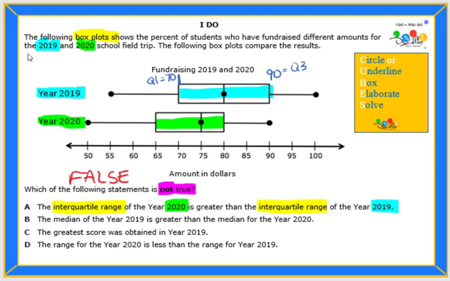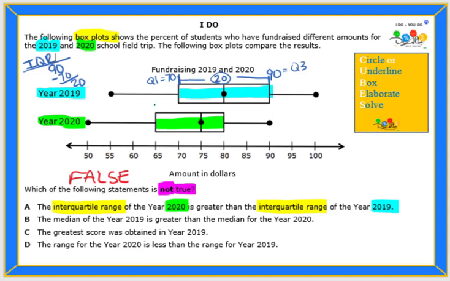If we want to find a numerical value for the interquartile range, we're going to subtract those. The third quartile was 90, and the first quartile was 70. So 90 minus 70 is 20. So the interquartile range is 20. Now we're going to do the same thing for the year 2020.